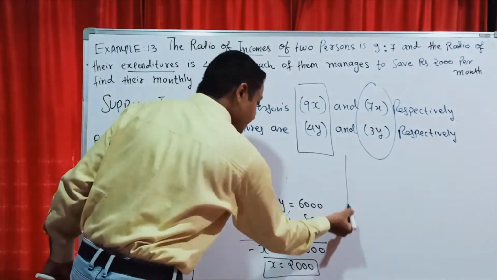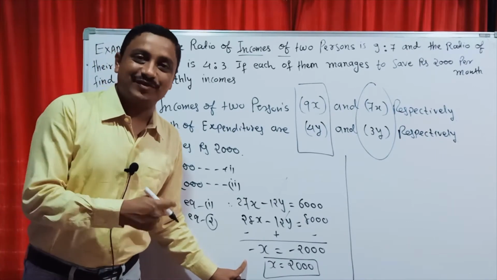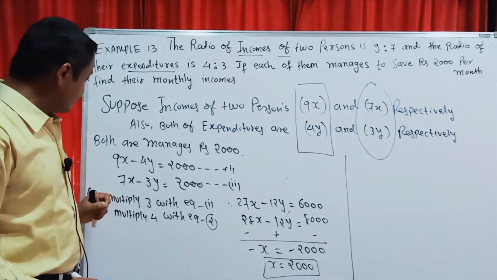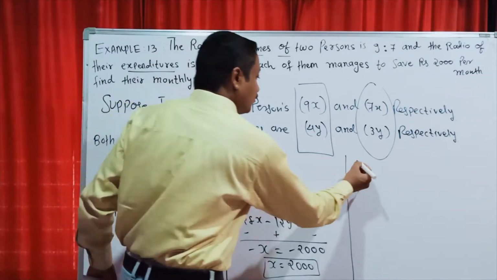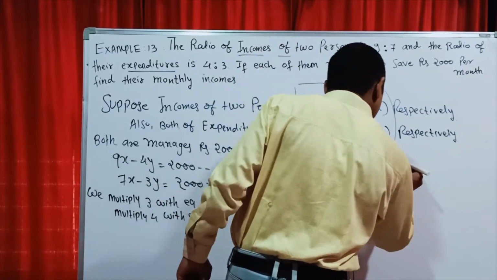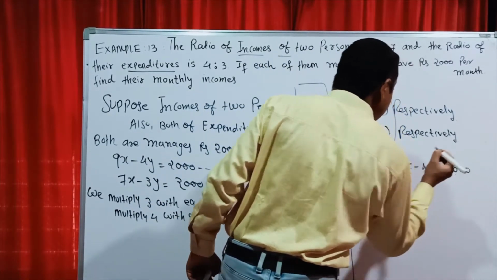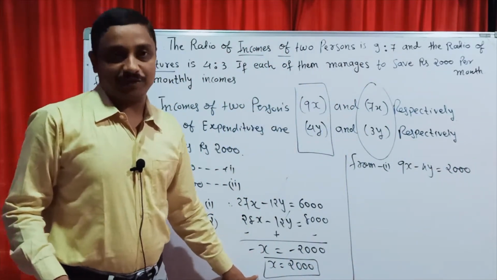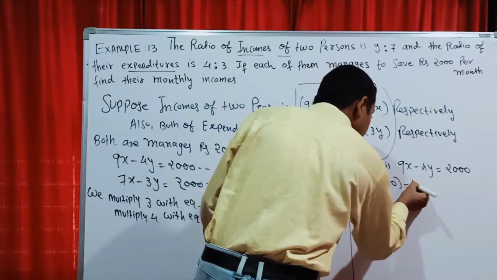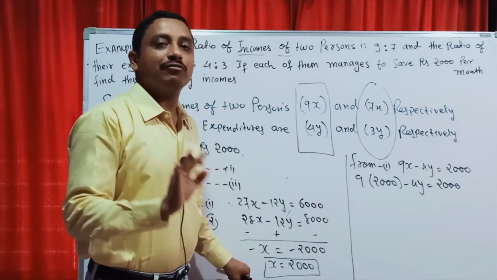This x is ready. Now students, this x value I apply in equation 1 or 2. The best way, I go to the first one. From 1, 9x minus 4y is 2000. So you apply the x value: 9 into 2000, minus 4y, equals 2000.